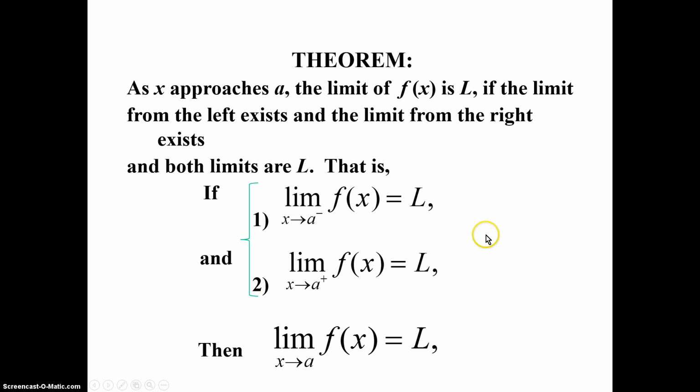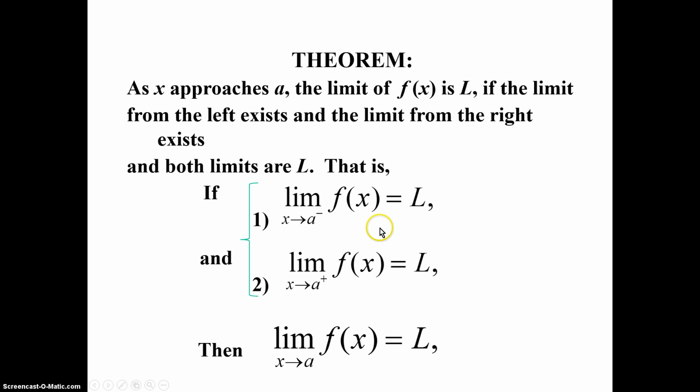This theorem is usually applied graphically, so whenever you're taking the limit of something and you're provided a graph, or if you are given a piecewise function. If you don't remember what a piecewise function is, remember it's a function that is broken up into pieces. That's why it's called a piecewise function, in other words, cases.